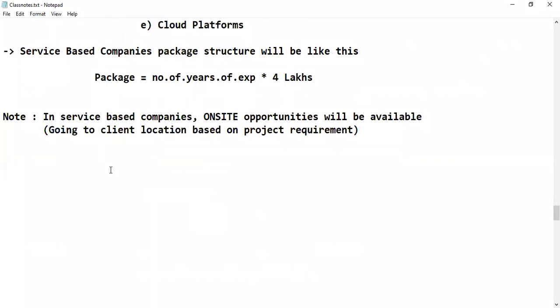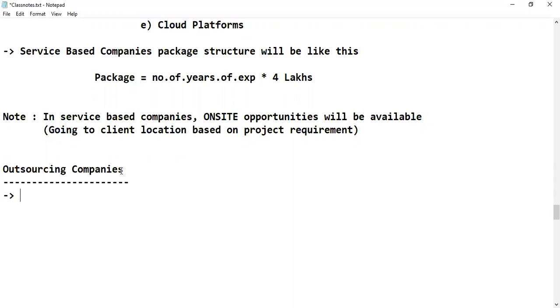Okay, next one. The third category is outsourcing companies. These companies will provide employees for other companies on a contract basis.